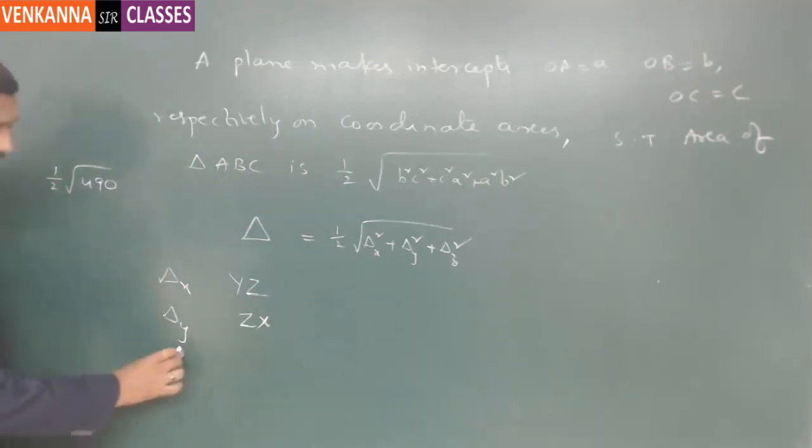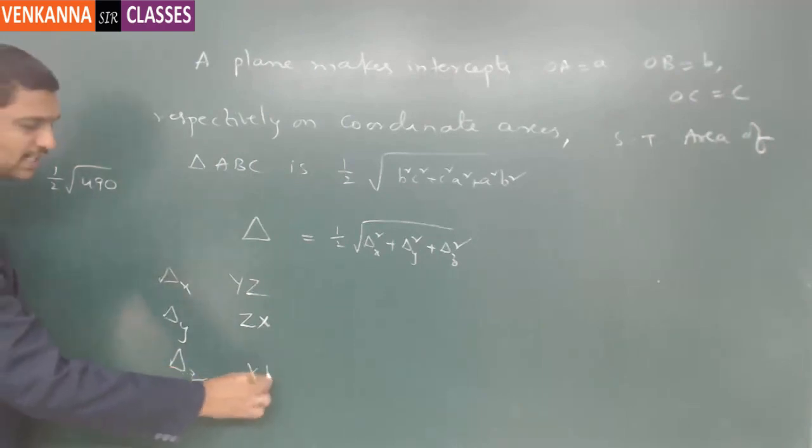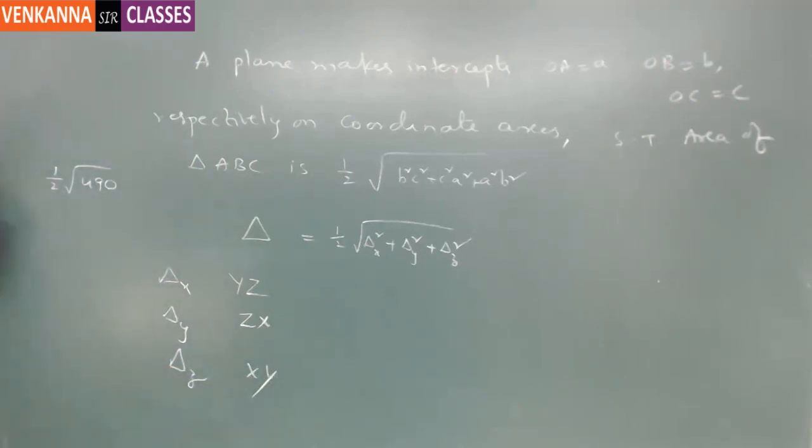And delta z is the projection of triangle ABC on XY plane. So the sum of the squares of the three projections is going to give the total area of the triangle. That is the underlying idea. Okay? Are you getting the context?